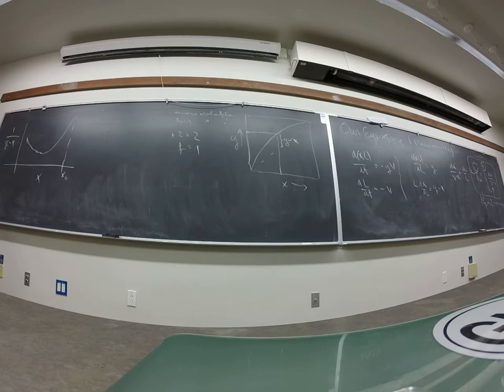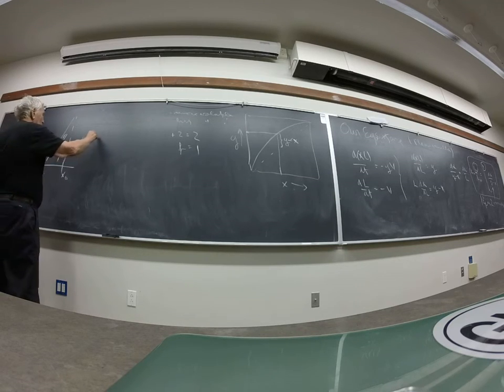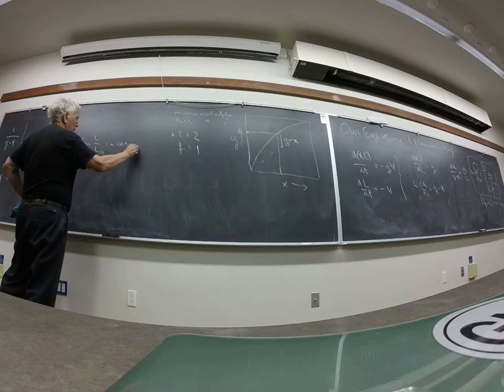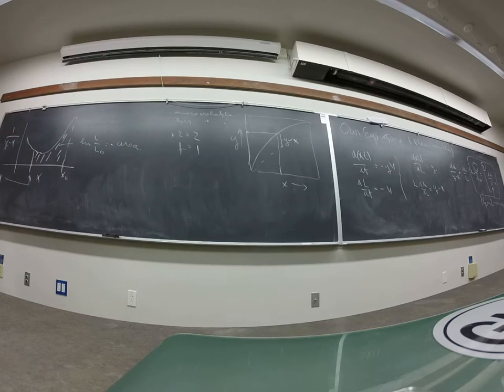And then if somebody says, I'm going to give you x, that puts a point here. It's the x he gave you. You want to know L? Calculate this area. And the log of L over L0 is minus that area. So that's how you get L if you're given x.